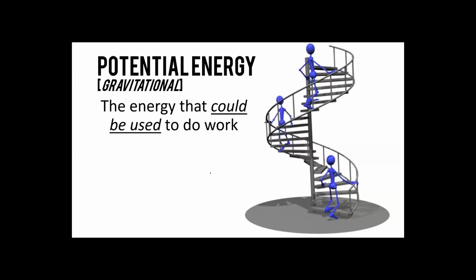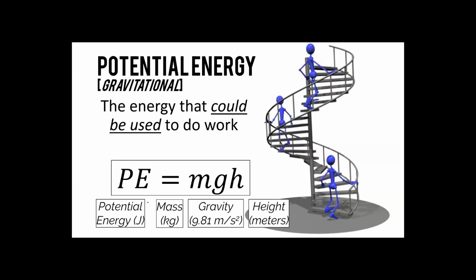Potential energy is equal to mass, which is in kilogram, times the gravity, which is the constant 9.81 meters per second square, times the height of the person or the object, which is in meters. So that is how to determine the potential energy of a person or an object.